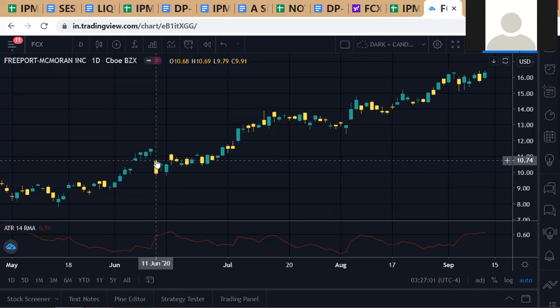So let's say today's range is from 10 to 8. Let's just assume 10 to 8. For today, the range is 10 to 8, that's $2. But when we want to calculate the true range for today, we don't just look at the range of today, 10 to 8. We also ask ourselves, is there any gap between today's high and the previous day's low, or today's low and the previous day's high.